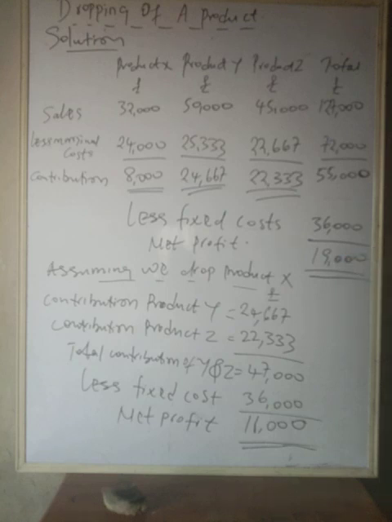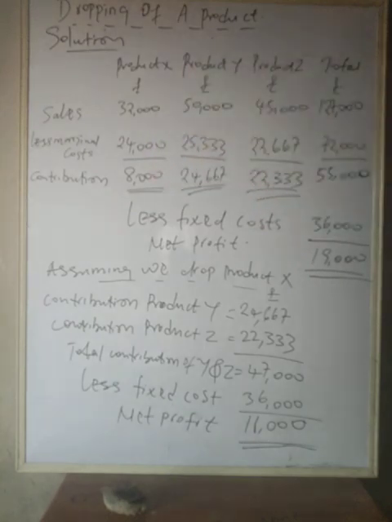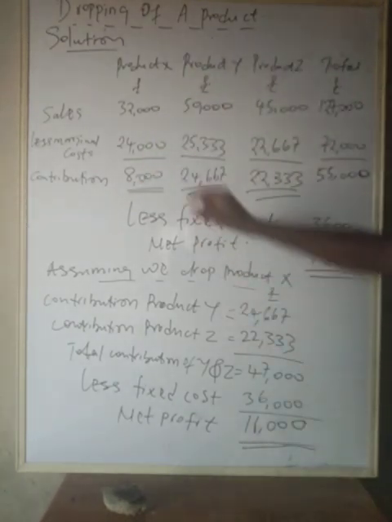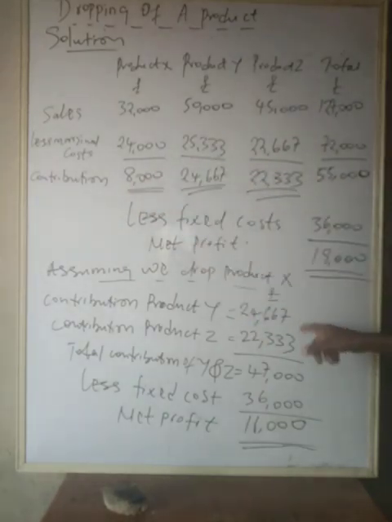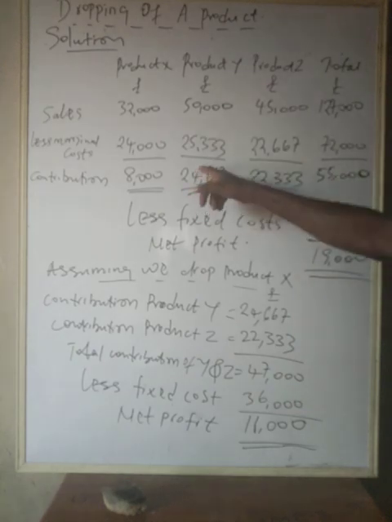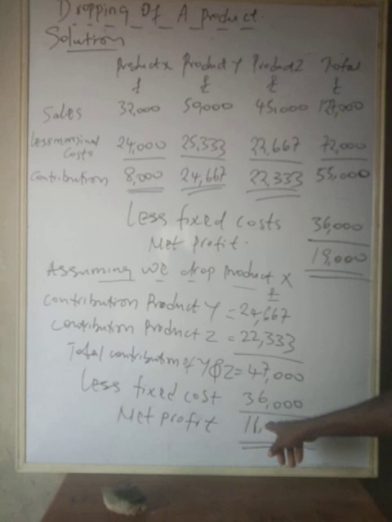If we have not dropped product X, that gives us a contribution of 8,000. This contribution has been dropped here. Look at the total contribution of 47,000 instead of 55,000 if it has not been dropped. But assuming that it has been dropped, look at it, 11,000.